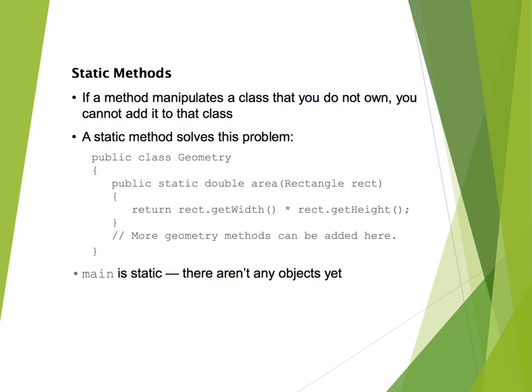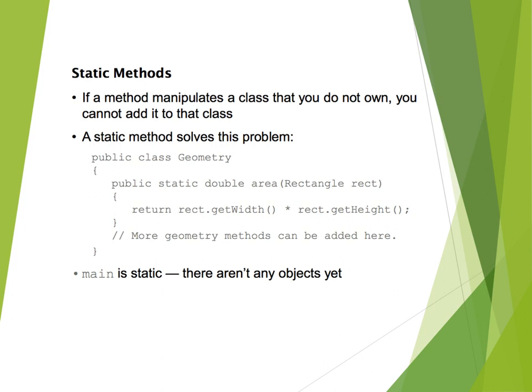For example, let's assume that you have a class called Geometry, and inside that class you have a public static method called area, which gets a Rectangle object and returns the area of the rectangle by multiplying its width by its height. So as you see, we resolve the problem by using static methods.